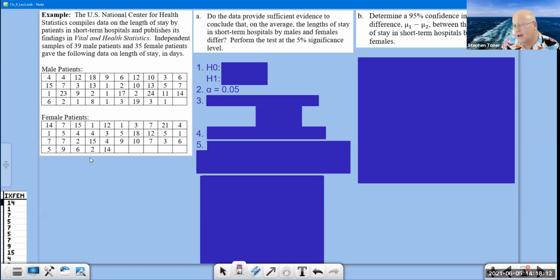Now, I am going to have a convention in these problems, and it doesn't have to be this way, because if you get your populations reversed, it also causes problems in this chapter. So my convention is going to be, if they give me data in a particular order in a table, the first set of data will be my first population, and the second set of data will be my second population.